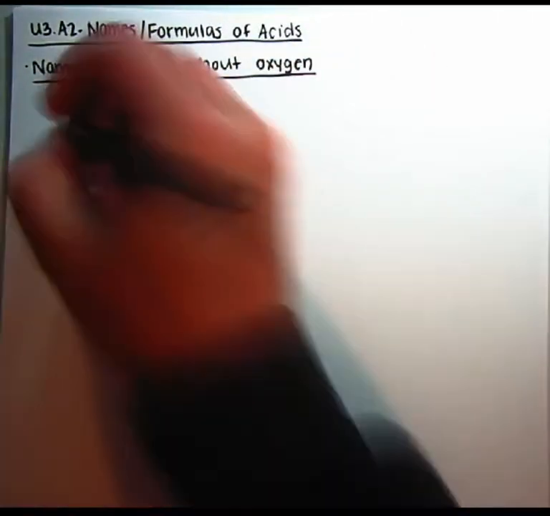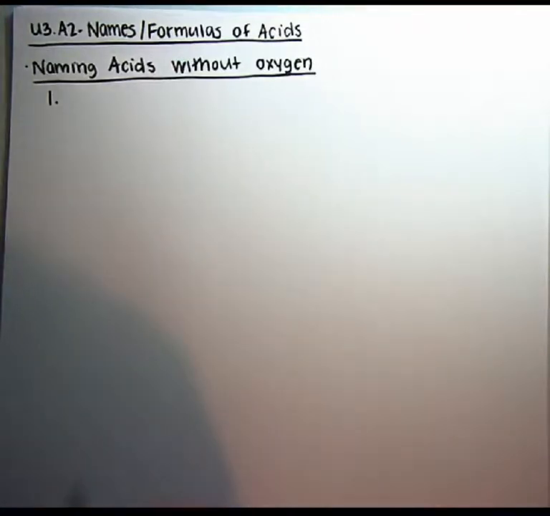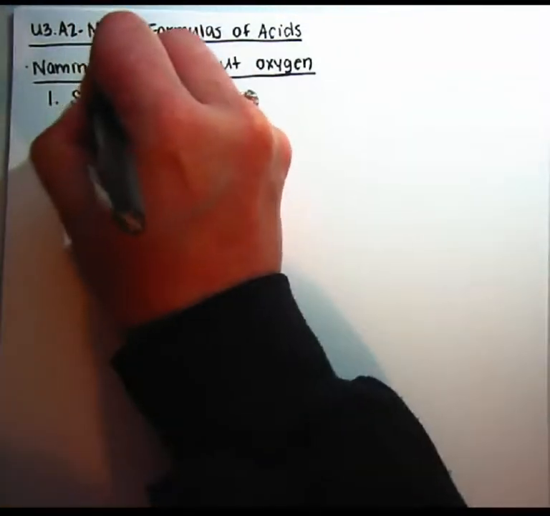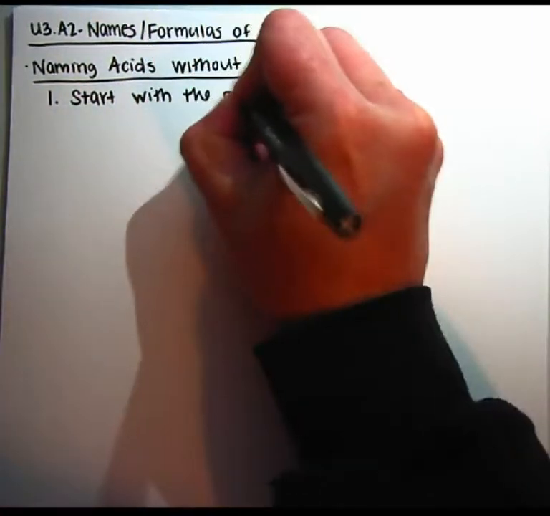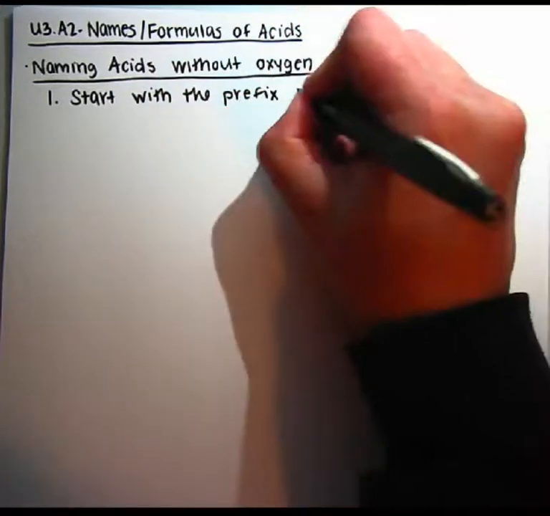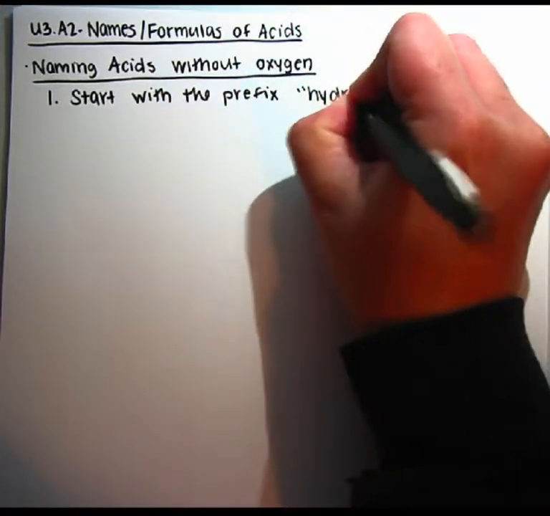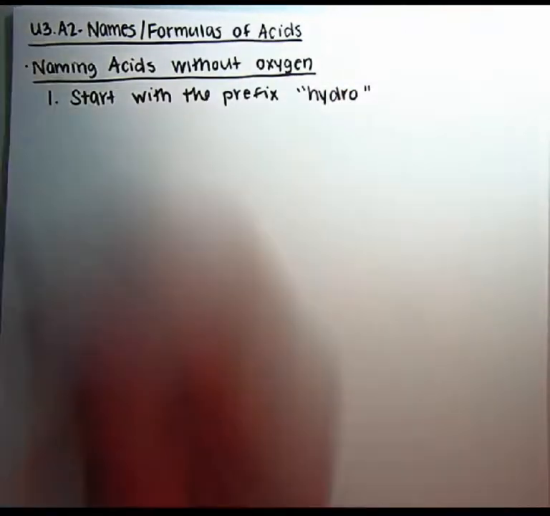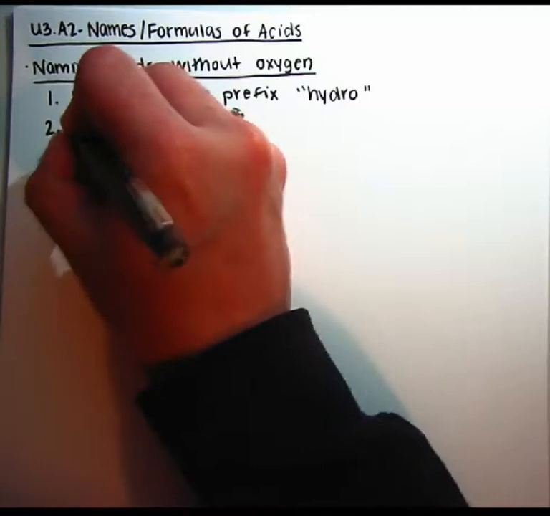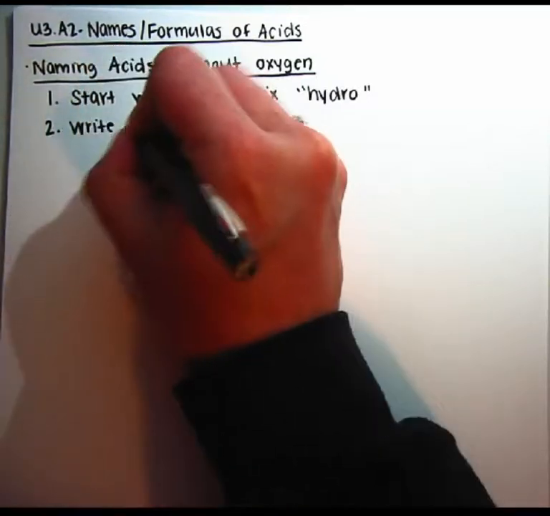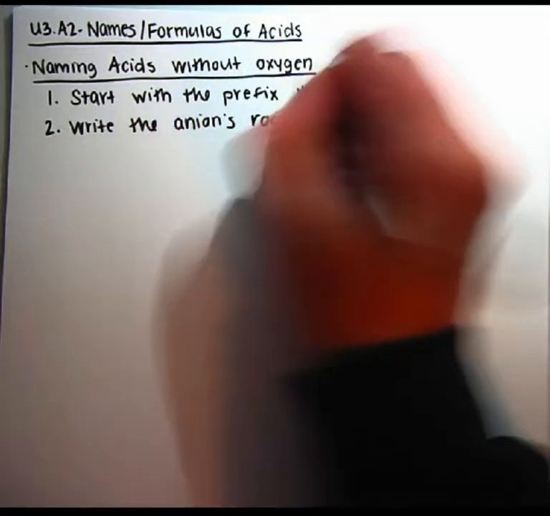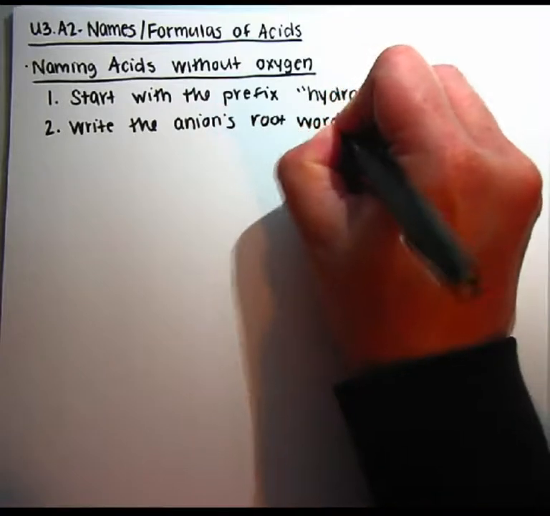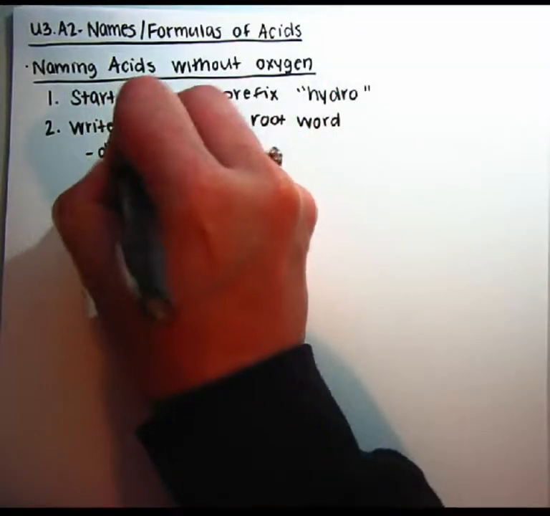Naming acids without oxygen in the formula. If oxygen is not in the formula, we are going to start with the prefix hydro. Start with the prefix hydro. We are then going to write the anion's root word, but we are going to drop the ending.